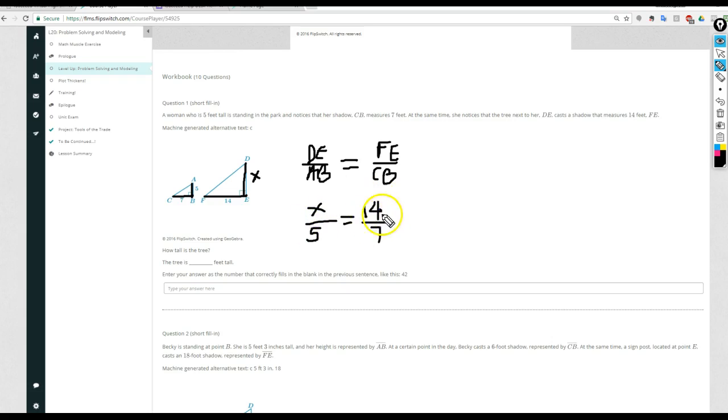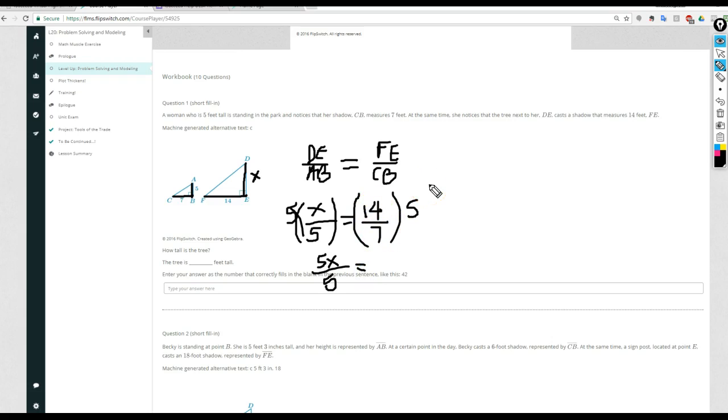Now if you look at this, 14 divided by 7 is a number. It's just a fraction. And so in order to solve for X, I can multiply both sides. Since we're dividing by 5, I can multiply by 5 on both sides. Now 5 times X over 5 is 5X divided by 5, which is equal to 14 divided by 7 times 5.